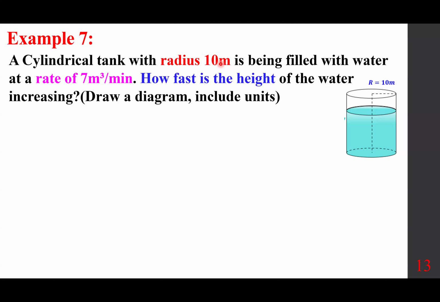How fast is the height changing when we are filling up the water by this rate, 7 cubic meters per minute? That means immediately we need a formula for the volume of a cylindrical shape, which we should know is pi r squared h.